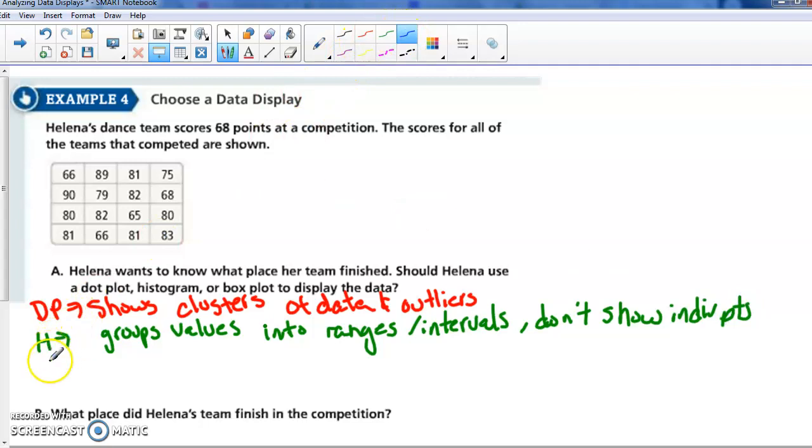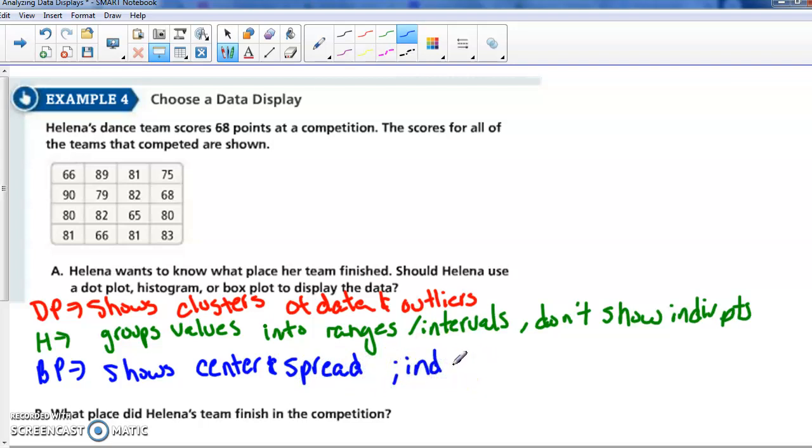And then lastly, if she wants to do the box plot, also known as a box and whisker, it shows center and spread. Individual points, just like the histogram, are not displayed.